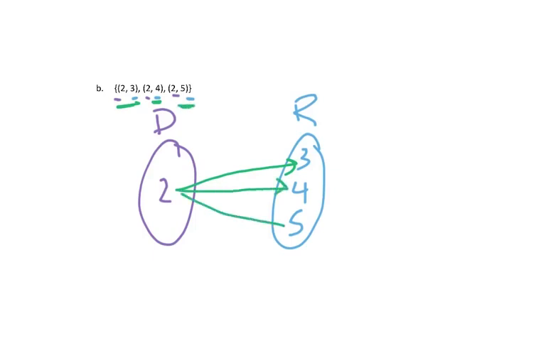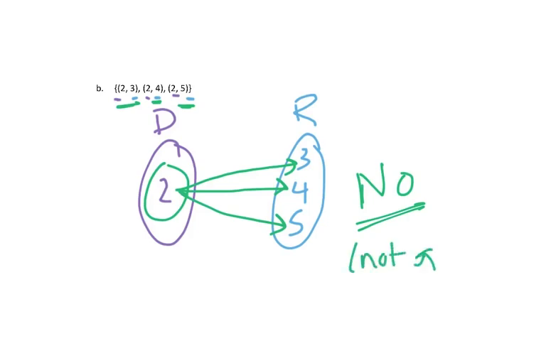The next point says 2 goes to 5. So in this case, our domain number is going to 3 different numbers in the range. That cannot happen in a function. So this is not a function. It's still a relation. Relation is general. Function is more specific.